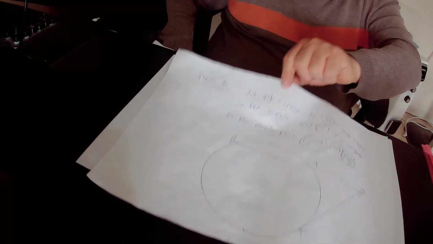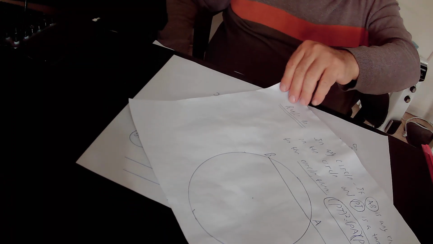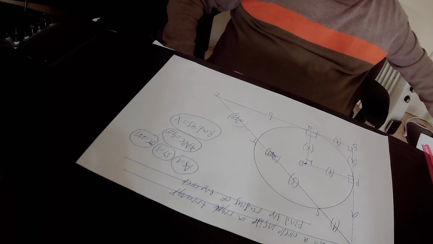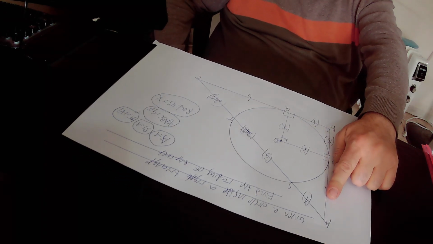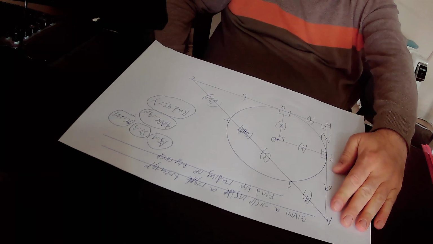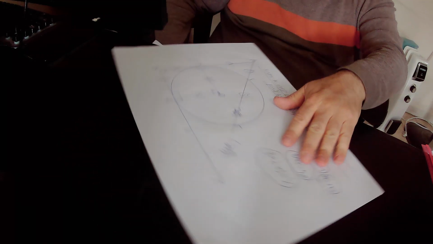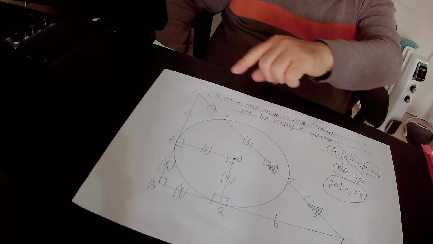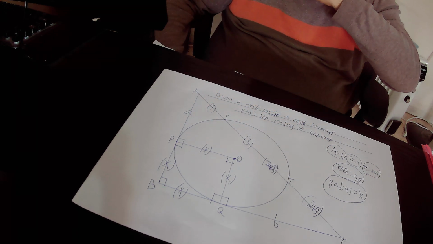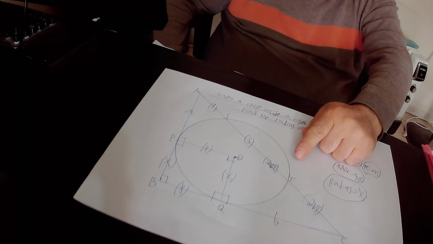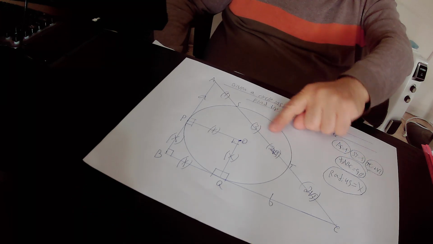We can implement rule 10 in our drawing. Why? Because if we focus on the common external point A, from A we have tangent AP, which is tangent to this circle at point P, and we have chord TS.